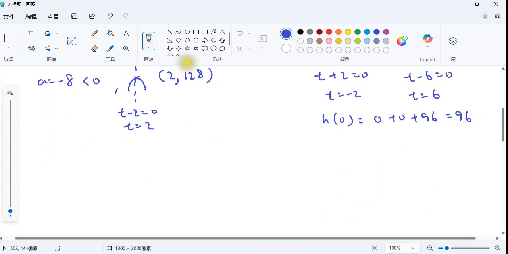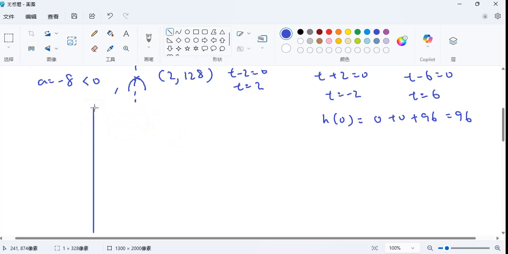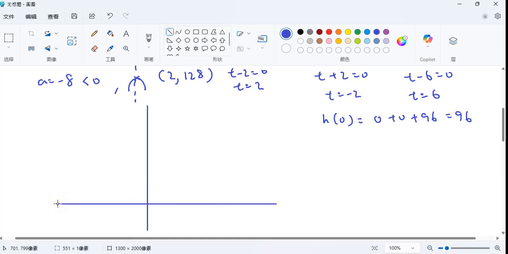Okay, so what we want to do now is like this. So the graph will be something like this. So we have the x-axis and the y-axis, and we have negative 2 and 6 as the roots.